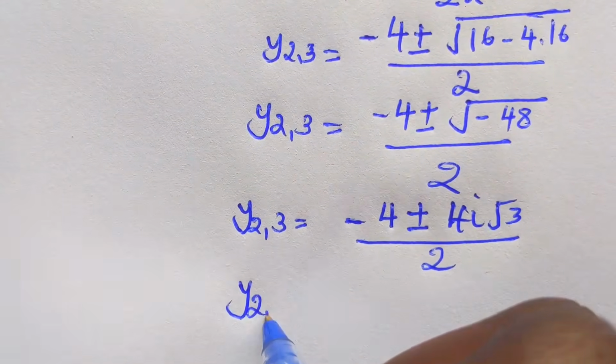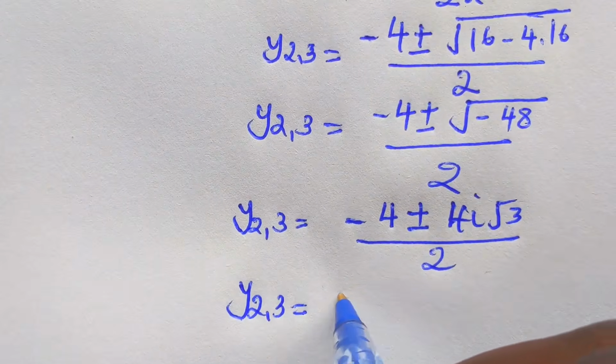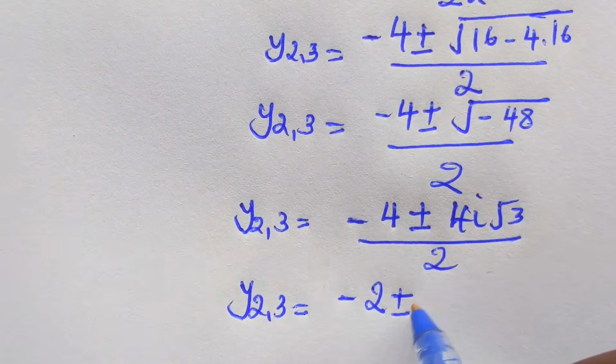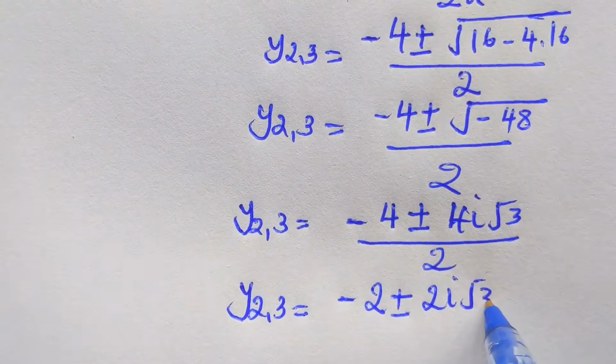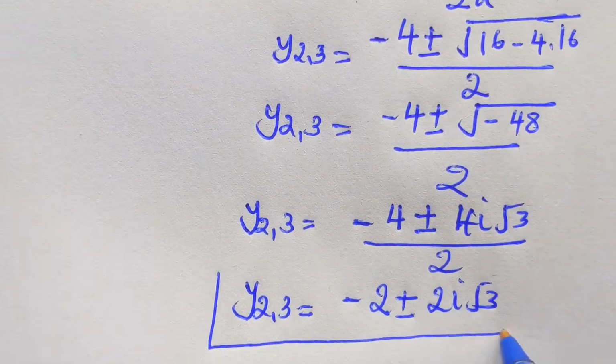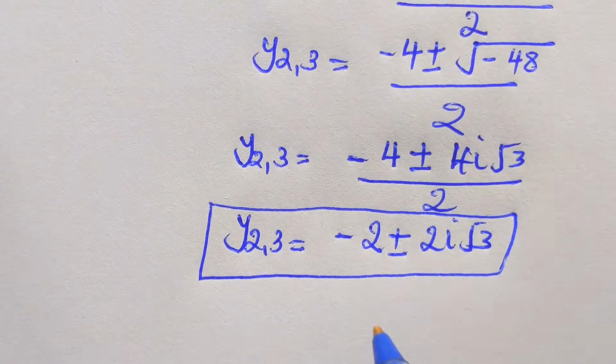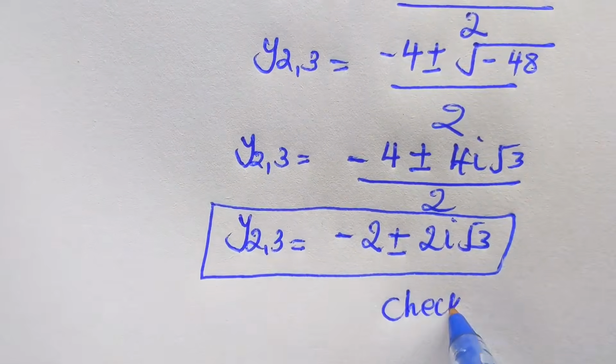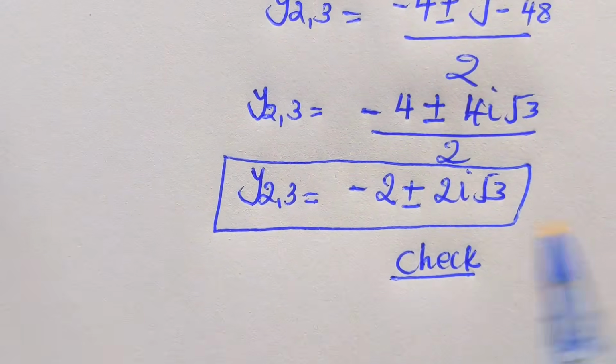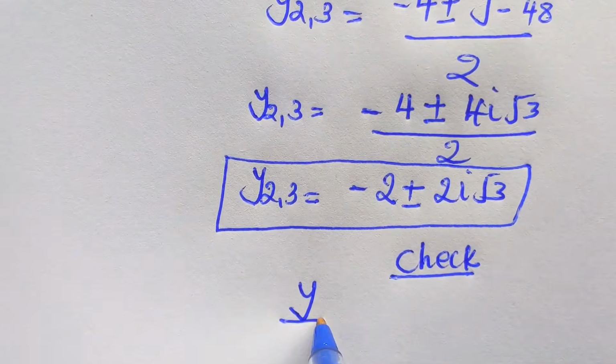And y2 and 3 will be negative 2 plus or minus 2i square root of 3 as the part of complex number.